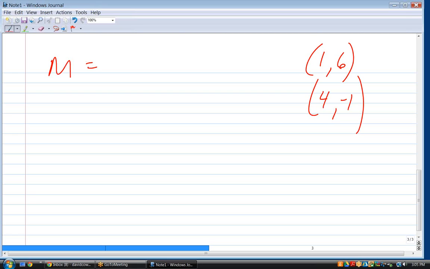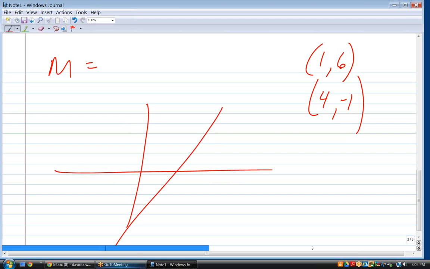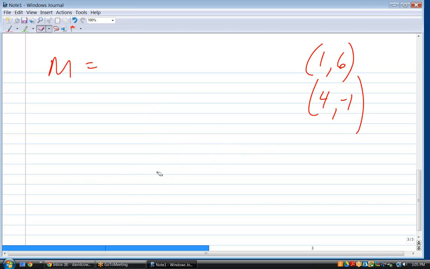Slope. In other words, slope is whatever that angle is. If that line has this kind of a slope, it's completely different than if it has this kind of slope. So slope and some point completely defines a line.